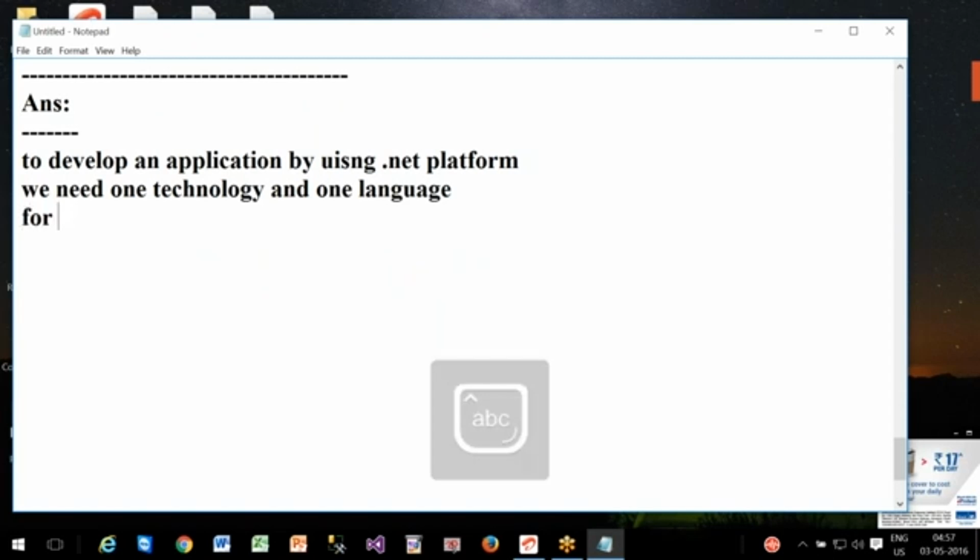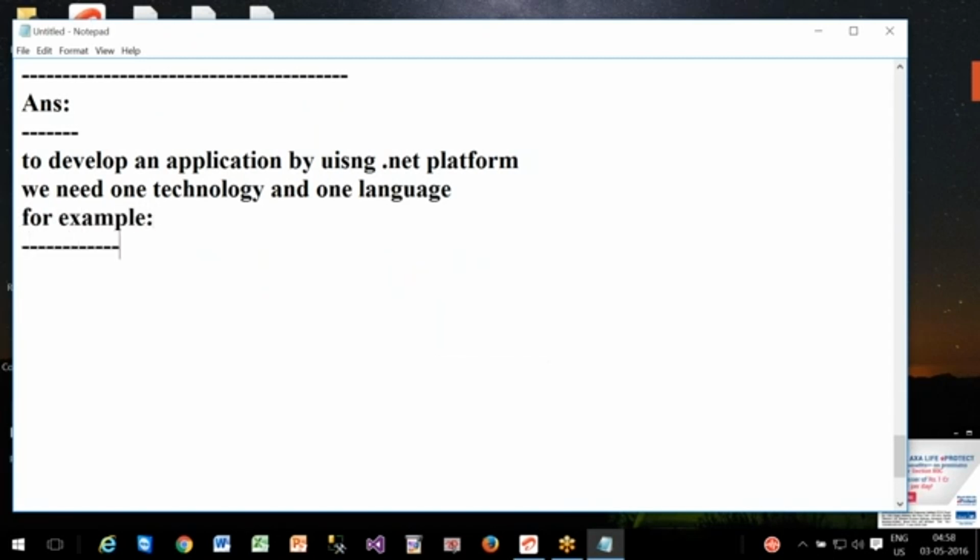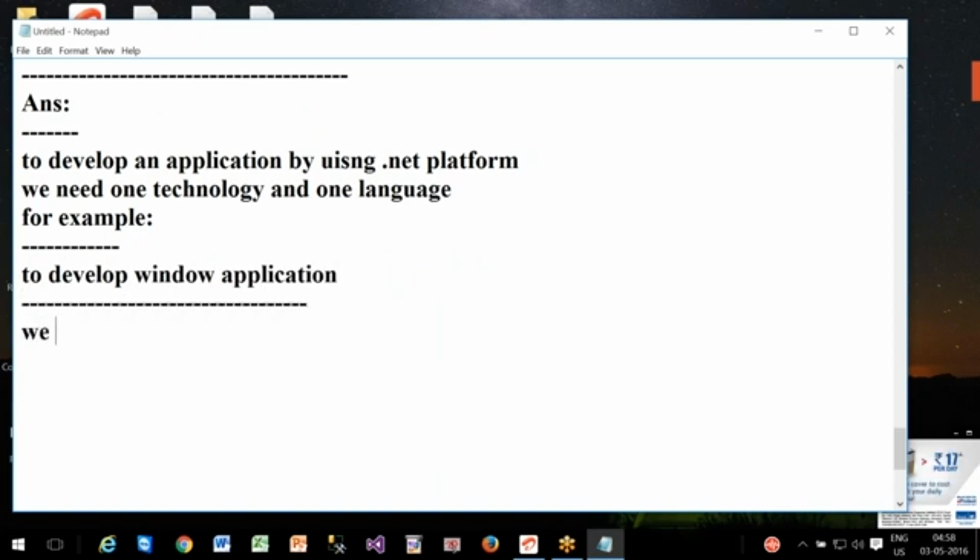For example, to develop a Windows application, we need a technology.